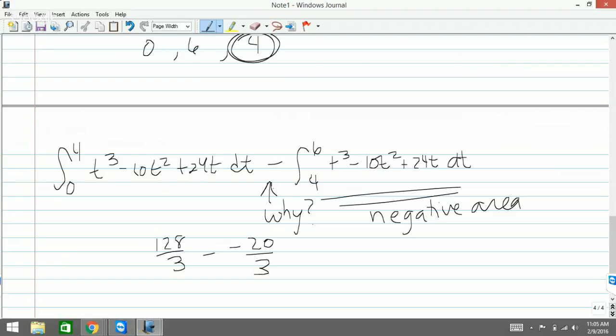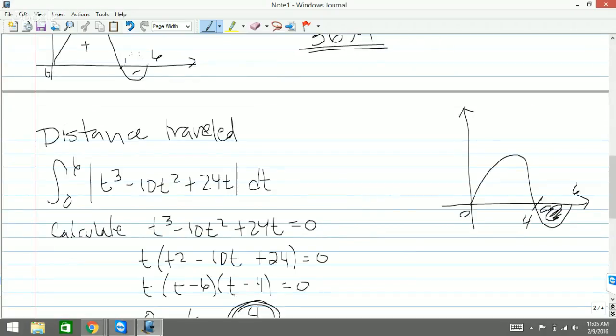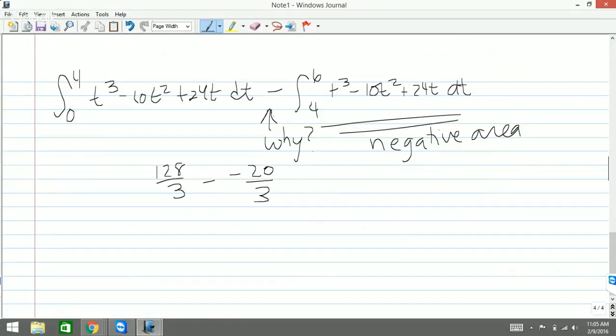So you can see there's your negative signed area, right? That would be this one here. That would be your negative signed area, which gives you negative 20 over 3. So we're subtracting a negative. It ends up 49 1/3 meters, I believe.